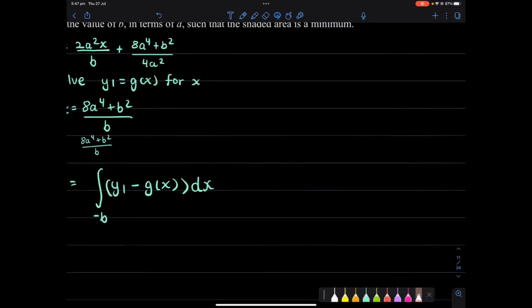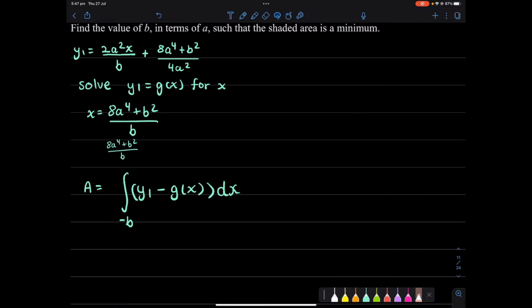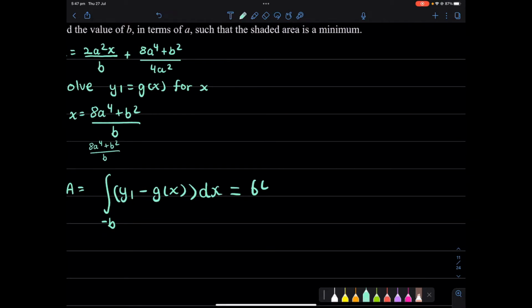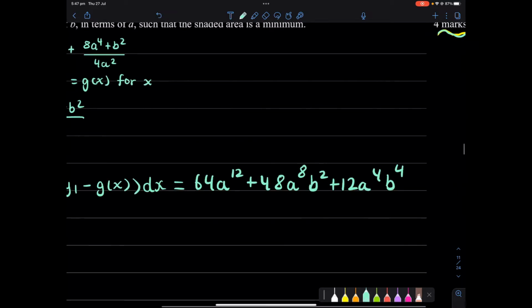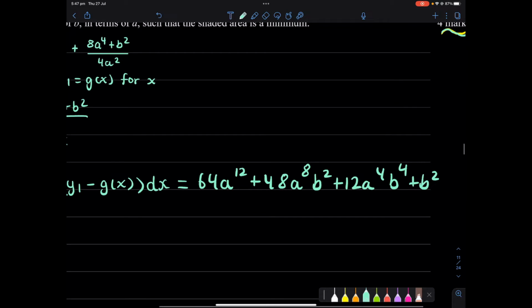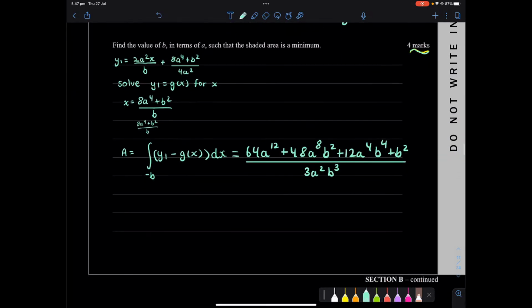Okay, so that equals 64a to the power 12 plus 48a to the power of a b squared plus 12a to the power of 4 b power 4 plus b squared all over 3a squared b to the power of 3. So okay, that's our area. That's our equation of the area.